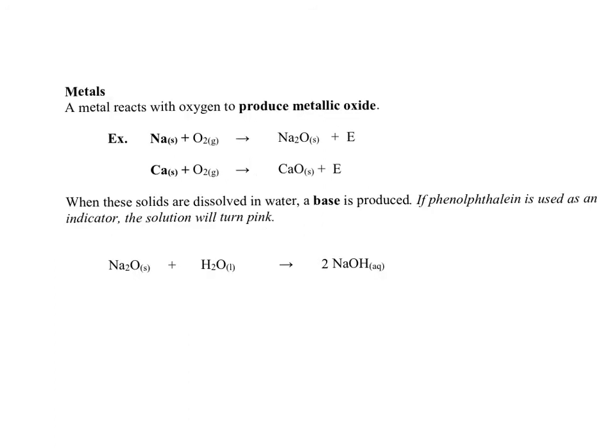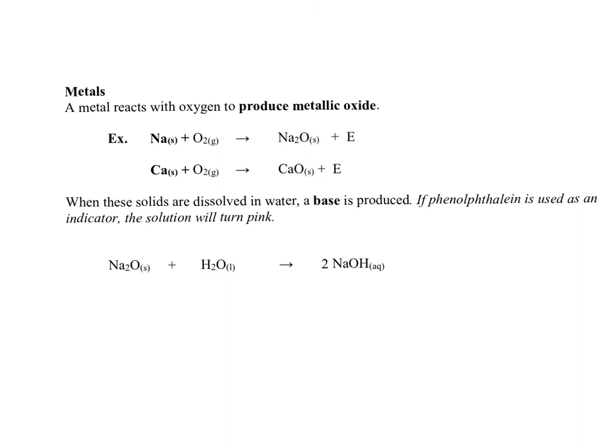Sometimes our fuel is actually a metal. And metals will react with oxygen, or combust with oxygen, depending if it's fast or slow, and you will produce a metallic oxide. So just make sure that your formula is correct. Oxygen having a charge of -2 combined with your metal in your product, and then just balance accordingly.